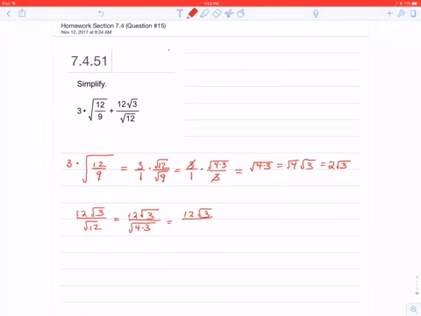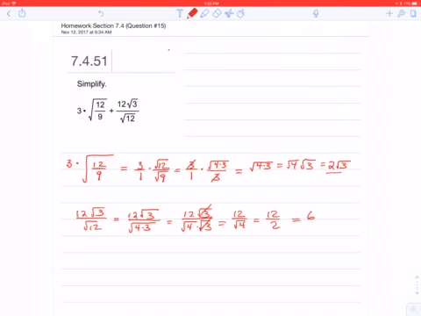So the square root of 4 times 3, I can break it down into separate square root radicals. So square root of 4 times the square root of 3. Well, square root of 3 over square root of 3 cancels. I have 12 over the square root of 4. And we know that the square root of 4 is just 2. So 12 divided by 2 is 6.